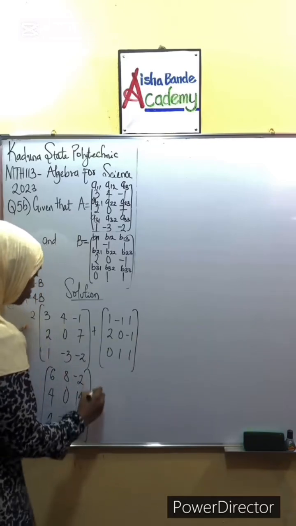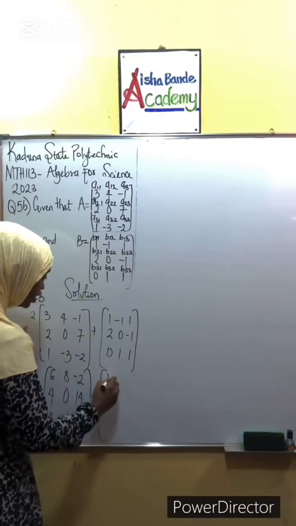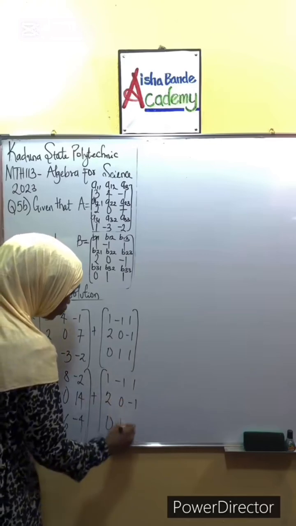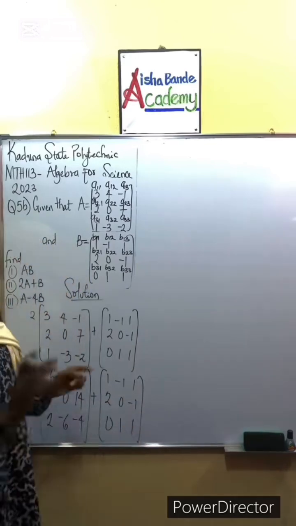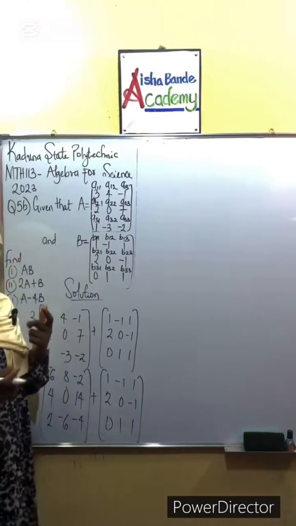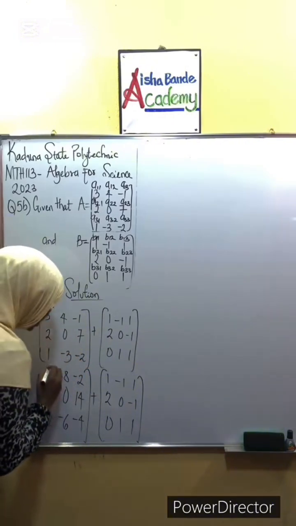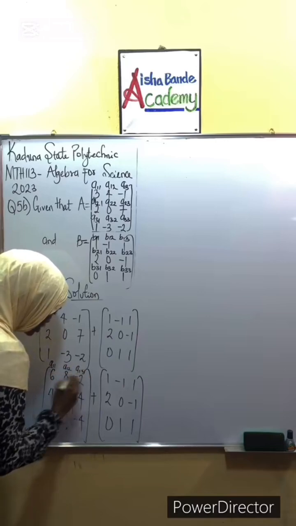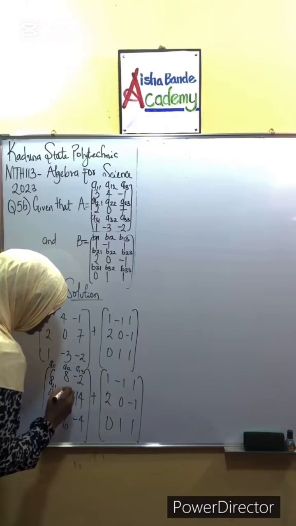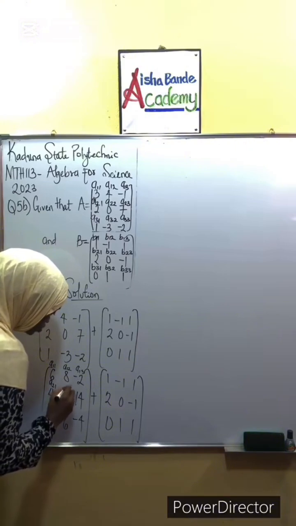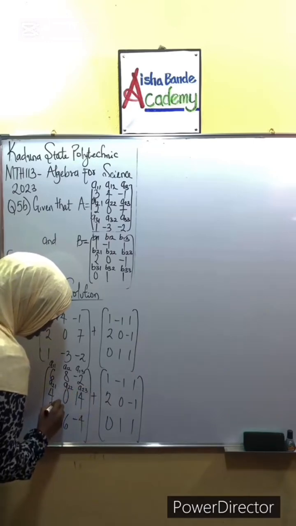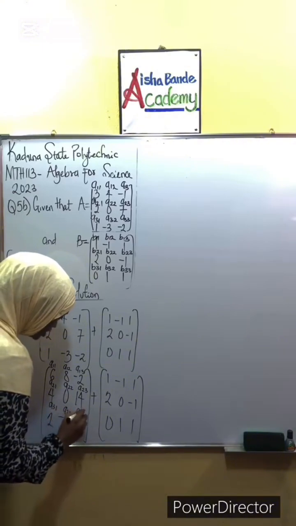So this, we're going to add together with this: 1, minus 1, 1, then 2, 0, minus 1, 0, 1, 1. Let's label this, because labeling makes it easier to understand. So this here is A11, A12, A13. This is A21, A22, A23, then A31, A32, A33.